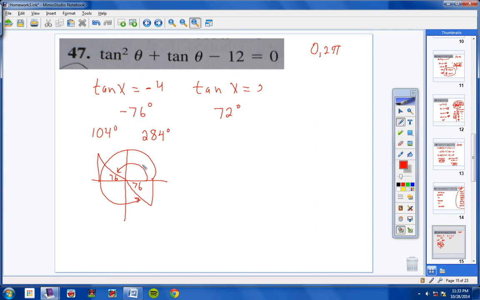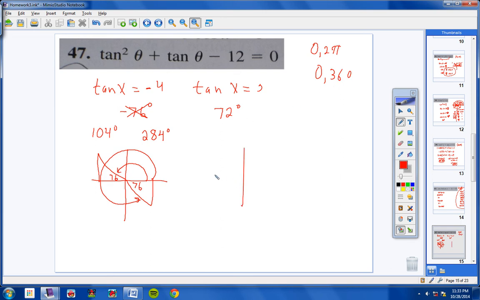I mean, look, whether you go this way here, 284, or whether you go this way, negative 76, it's the same thing. However, because of your domain right here, you cannot use negative 76 for an answer. Your answers have to lie between 0 and 2 pi, or 0 and 360.